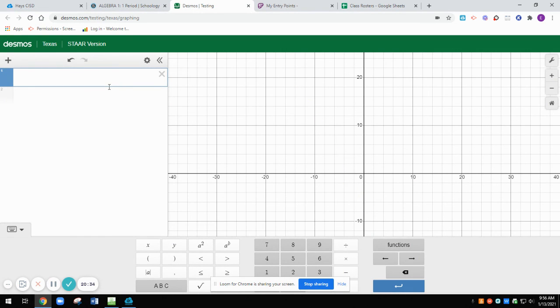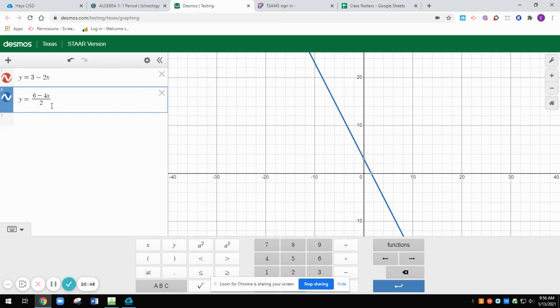So we have y equals 3 minus 2x, and then y equals our division, 6 minus 4x over 2. They're the exact same line because we only see one line, so that is infinite solutions.